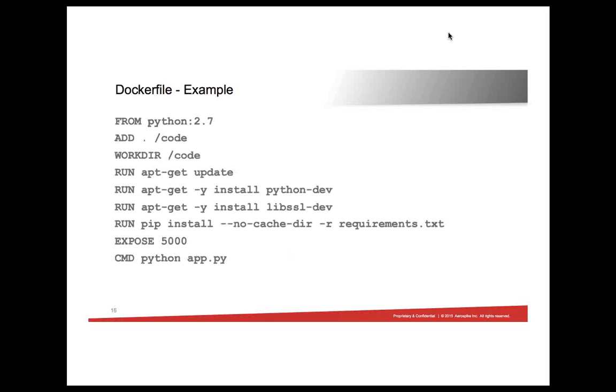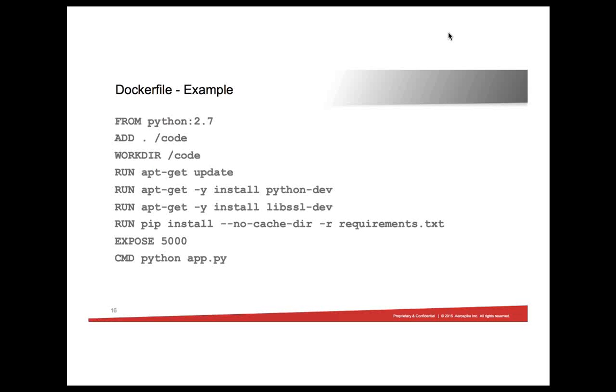So here's a quick example of what a Dockerfile looks like, and we're going to be using Docker as our example for our container definition and orchestration. You can see here in this Dockerfile, we first describe that we're going to use a particular language, Python in this case, and a particular version, which is 2.7.